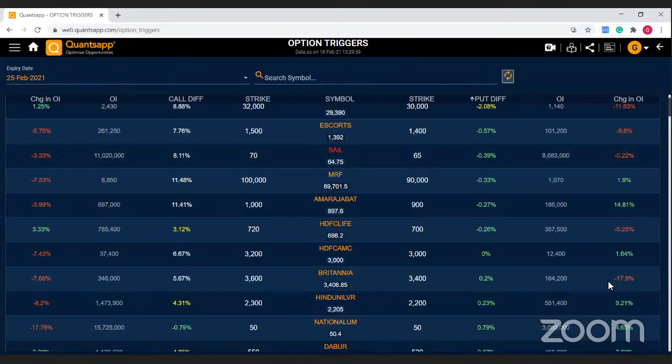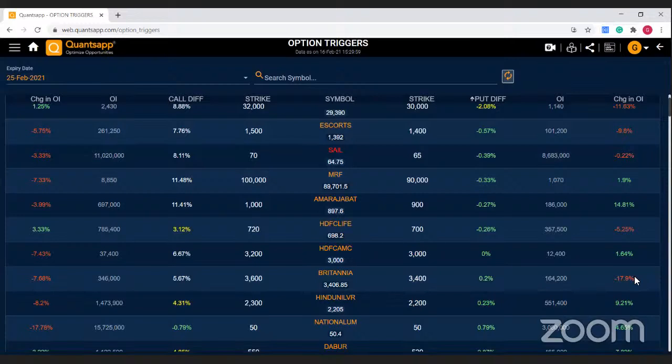And which means the support created at this level started to shrink, which is, the put writers are thinking the prices can go further down. That's why they are unwinding their positions. So you should always keep in mind this is an educational purpose demonstration.